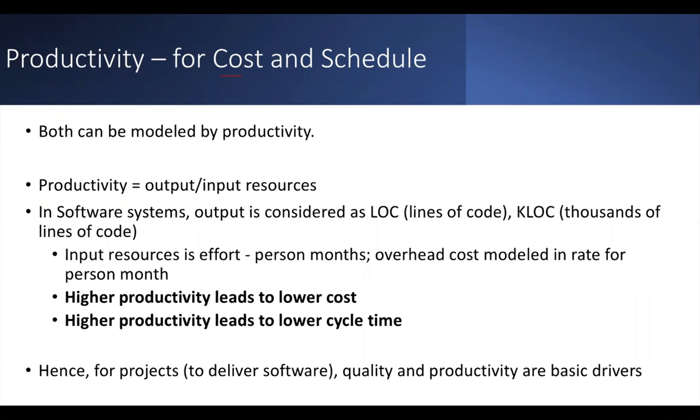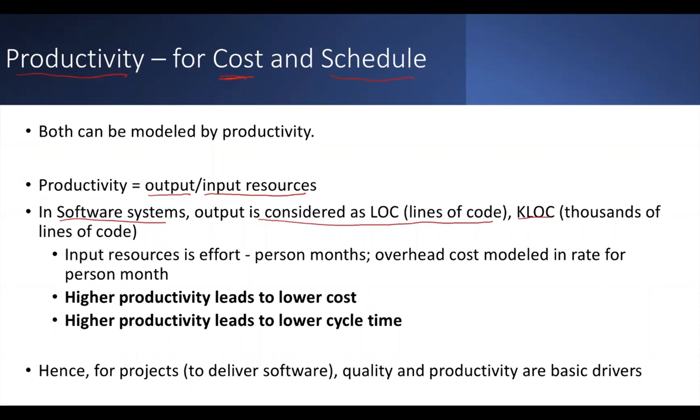So they combine cost and schedule all together, and they use the word productivity to refer to products with high productivity or products with low productivity. The definition of productivity is just the ratio between the output and the input resources, where in software systems, output is considered as the set of lines of code, whether in thousands of lines of code.